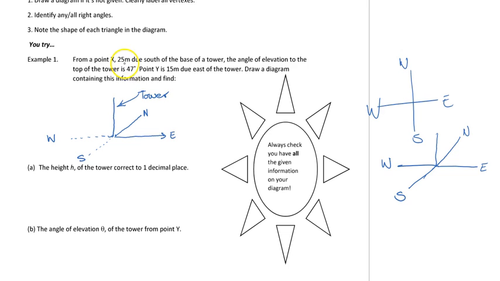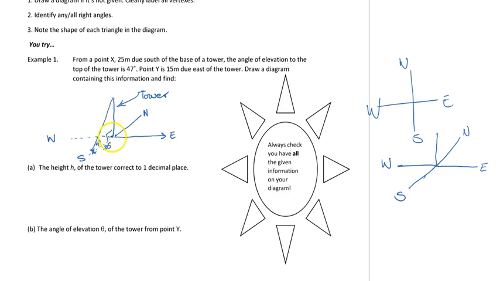So from a point X, 25 metres due south of the base of the tower. So we're here south of the tower and we're at the point X, and we know that's 25 metres. The angle of elevation to the top of the tower, so from here up to the top of the tower, is 47 degrees. And we know that from the tower out in this southerly direction would be right angle.